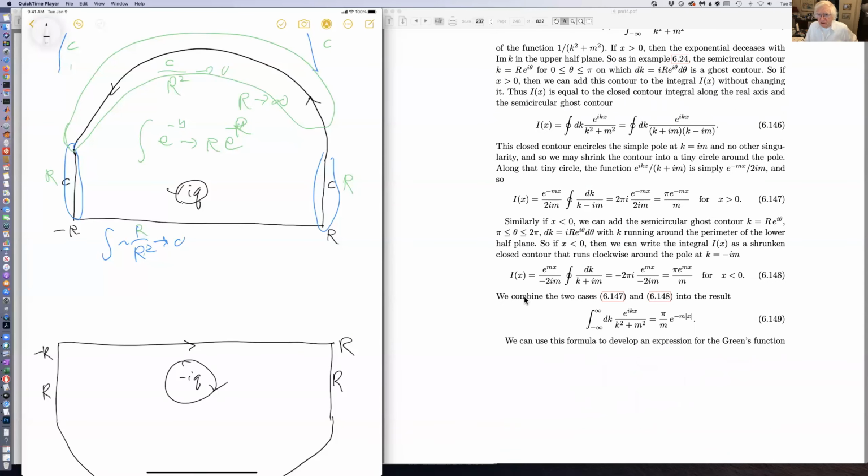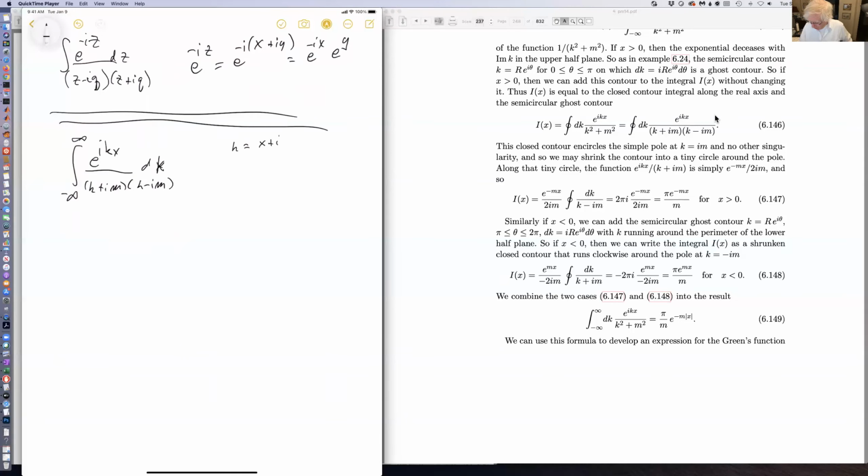And now if we say k is equal to, let us say, x plus iy up there in the complex plane, in the upper half plane, this i times that i will give e to the minus y, so we add this as the contour, and then we pick up the pole at im.